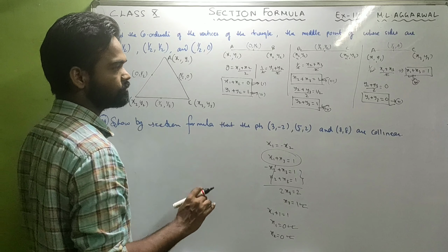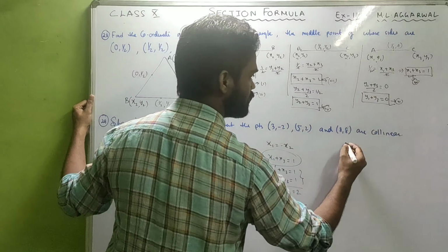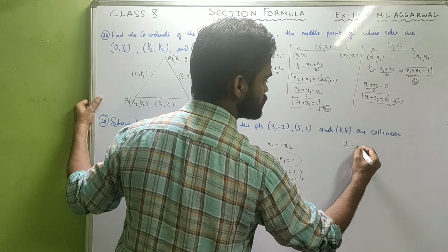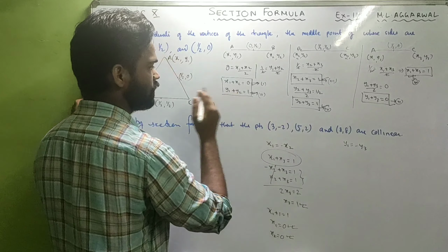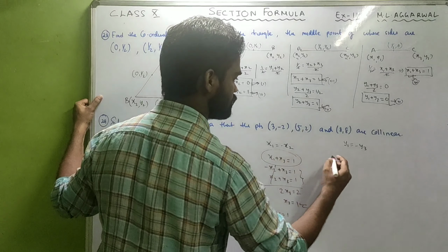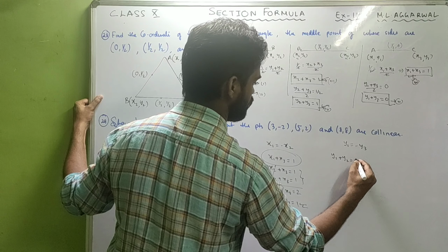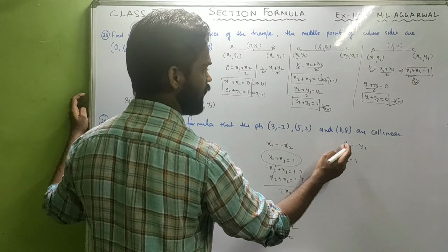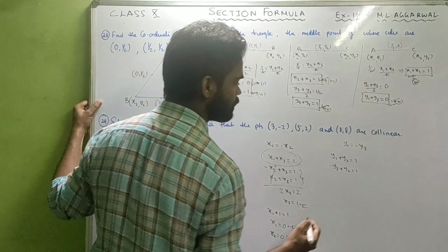Am I clear? Now look, for y, similarly, from here, can I write y1 equals to minus y3 and put this value over here in equation 2. So y1 plus y2 is 1, which means instead of y1, can I put minus y3 plus y2 equals to 1?